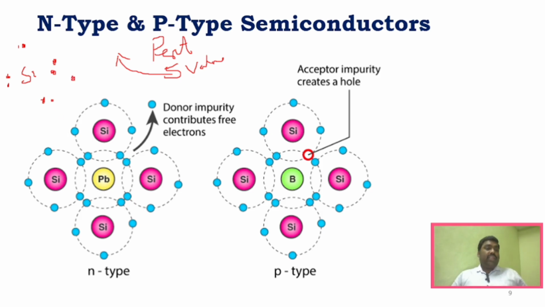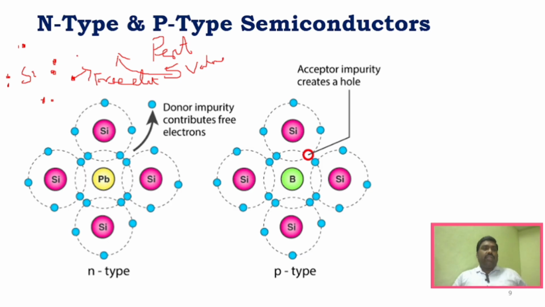The 4 electrons will form a pair, whereas 1 electron will not be able to pair, and this is called a free electron. So whenever you add a pentavalent impurity to silicon, it definitely creates one free electron, because 4 electrons will combine and 1 electron will be left alone.